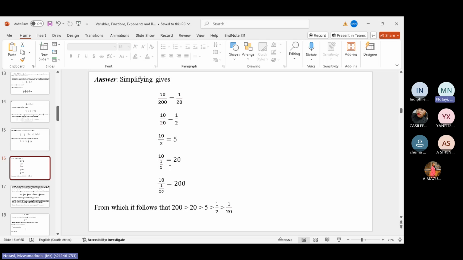And 10 over 1 over 2 is equal to 20. And then 10 over 1 over 20 is equal to 200, from which we can reduce that 200 is bigger than 20, and 20 bigger than 5, and then 5 bigger than half, and then the half bigger than 1 over 20.